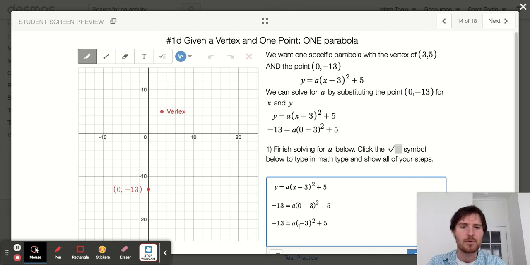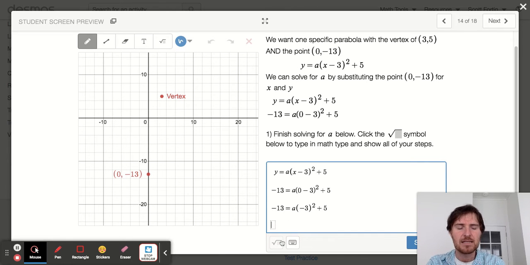Now what's next in PEMDAS is the exponent. This squaring, as when we studied exponents, the base is the expression right next to it. We have parentheses here, so that 2 just goes to the -3. And what do we know about -3 squared?